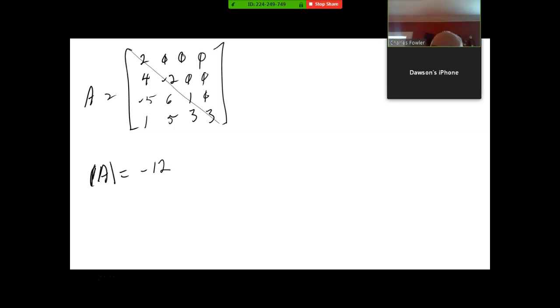I drew the line down the main diagonal from upper left to lower right. Multiply those together: 2 times -2 times 1 times 3, -4 times 3 is -12. You see it? Any triangle, upper or lower, that's how you do it.